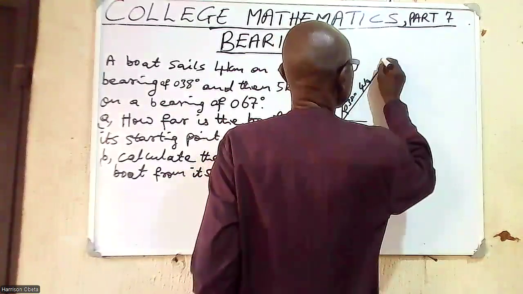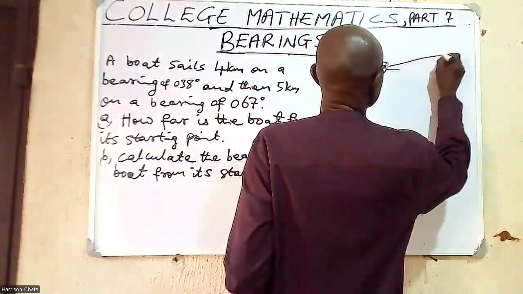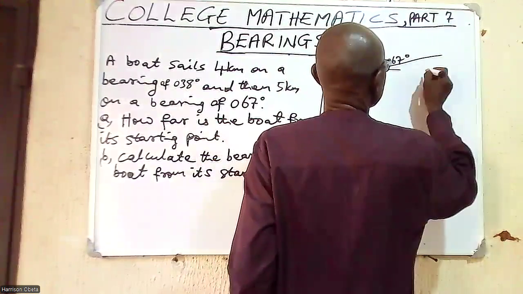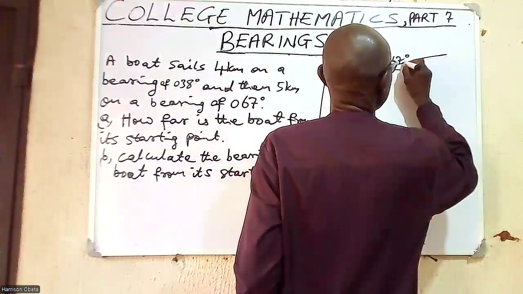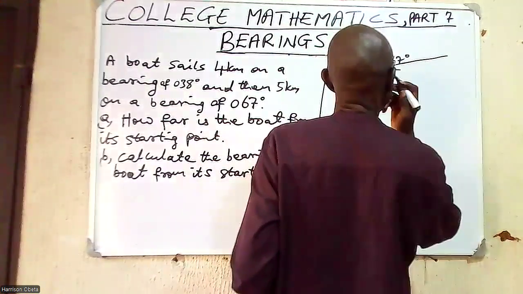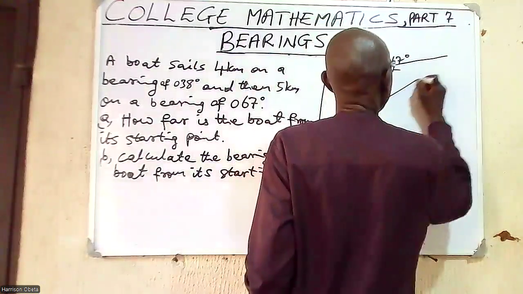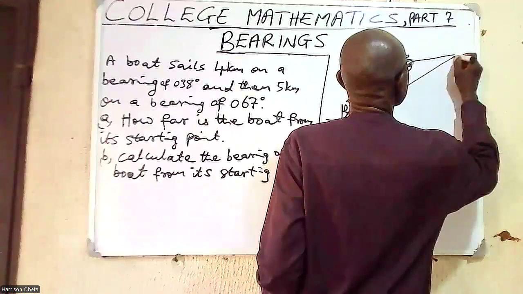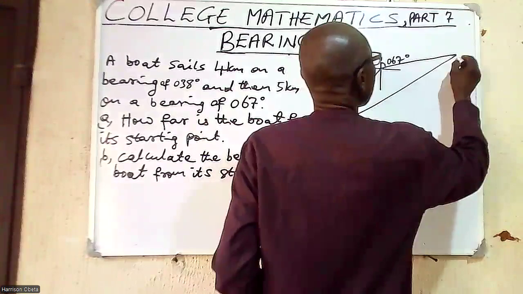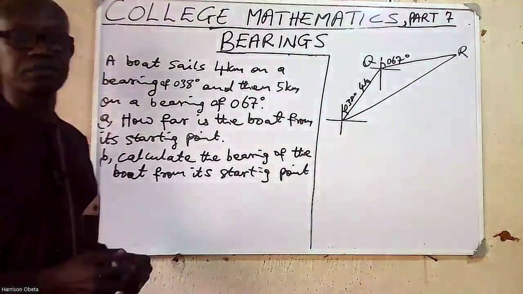Then here, we have another, our 067. Now the end points, then we have to join. So this is P, Q, R. Now we have seen the diagram.